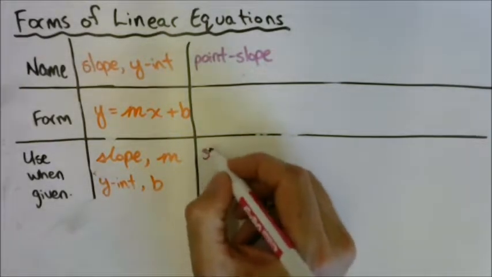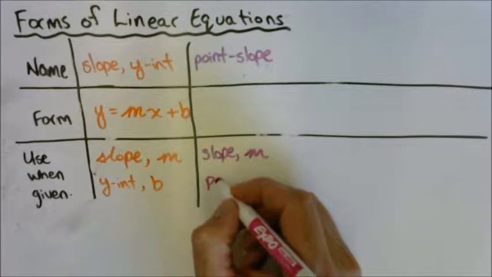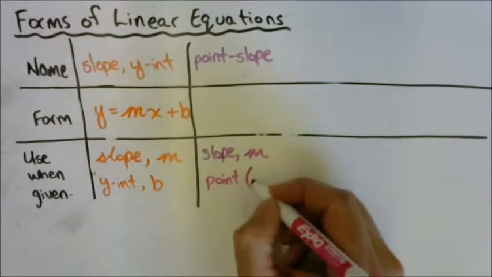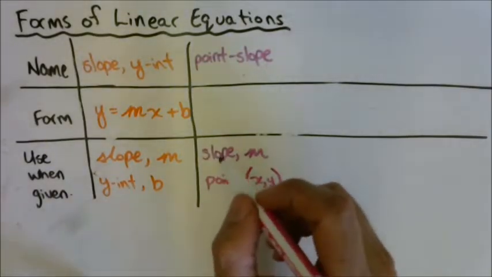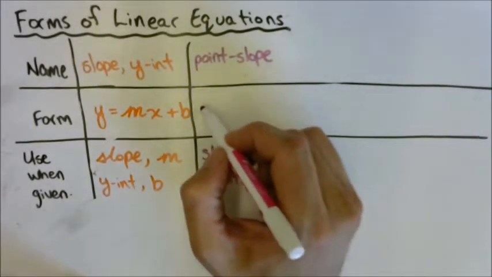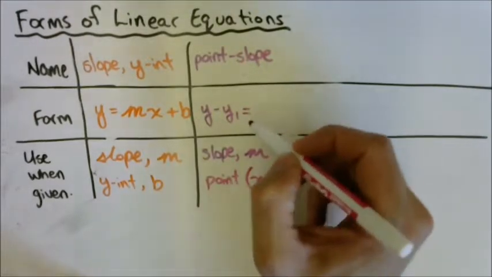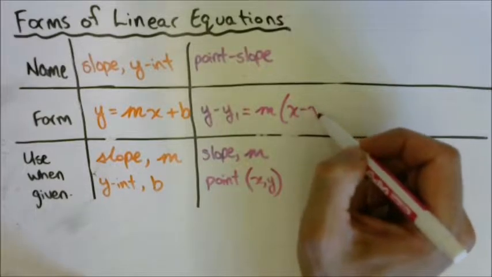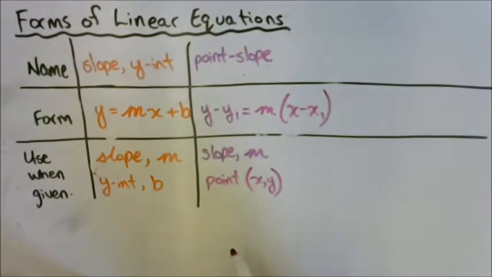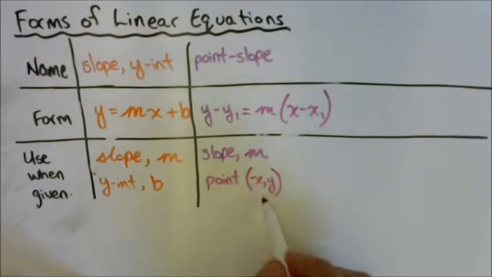So when we're given the slope, again, and when we're given a point, any old point on the line, x1, y1, those are the coordinates of the point on the line. And the form is this: y minus y1 is equal to m times x minus x1. So you notice there's two y's and two x's, but we're only given one point.